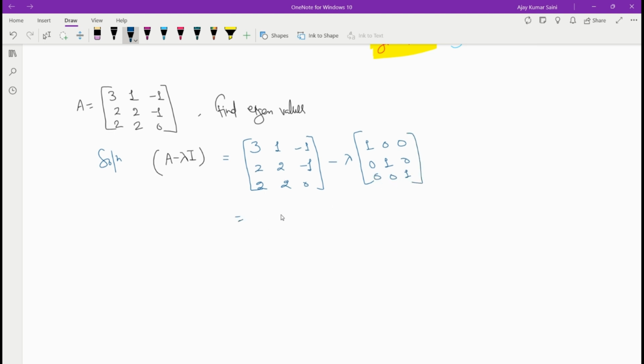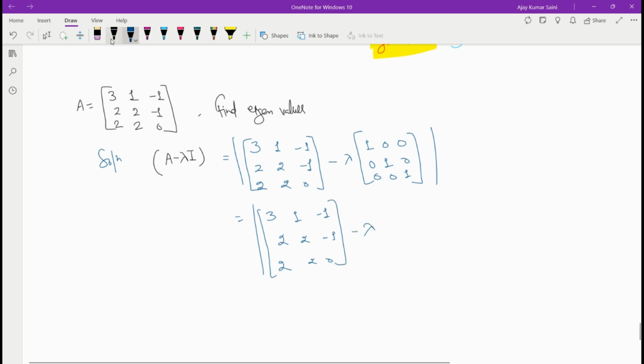Okay, so I can multiply it inside. So after the multiplication, lambda 0 0, 0 lambda 0, 0 0 lambda. Okay, so now I can subtract this from this.